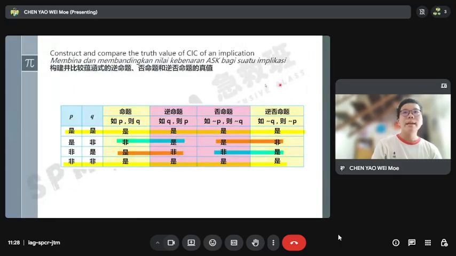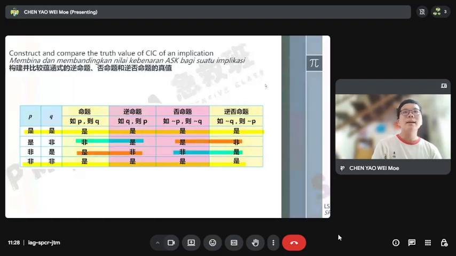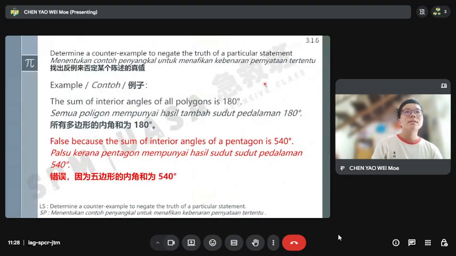Today we can also determine a counterexample to negate the truth of a particular statement.